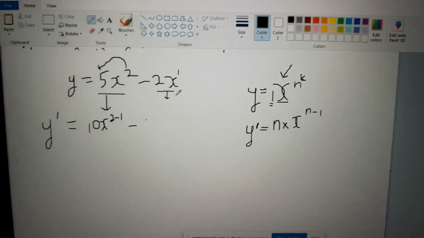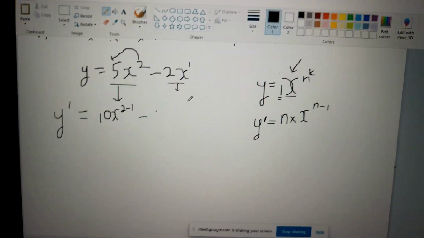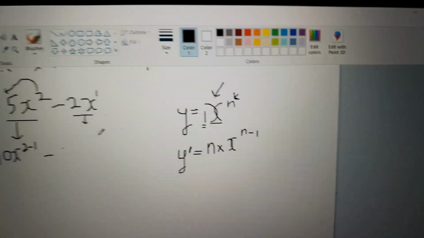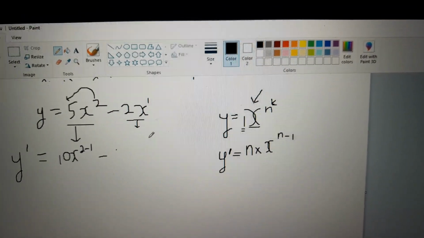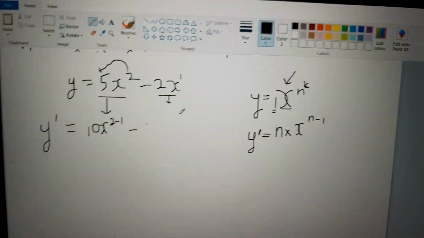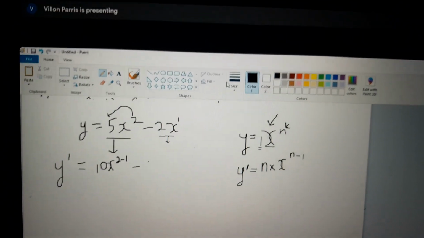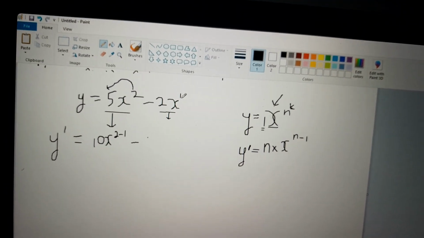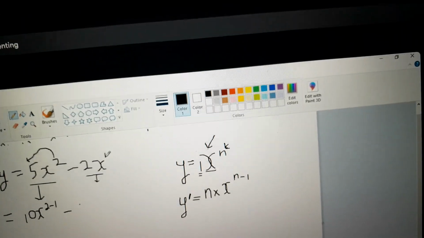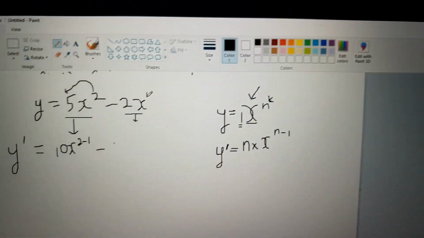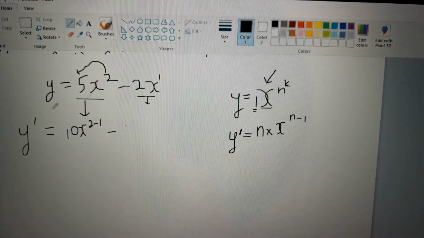Sir, can I ask a question? Yeah, go right ahead. Since we have the power there, we're not using the rule of indices. So the power is 1. Isn't that so? The arrow that you drew there, at the top, yes, sir, the power is 1.